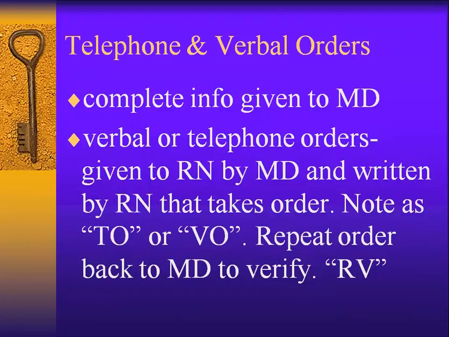With verbal or telephone orders, this can be given to an RN by an MD or a licensed personnel by an MD, and the RN needs to write down that order as telephone order or verbal order. Then you'll repeat the order back to the physician to verify. So in the chart you may often see it written VORV, and this means verbal order reviewed and verified. It'll be repeated and verified back to the physician.